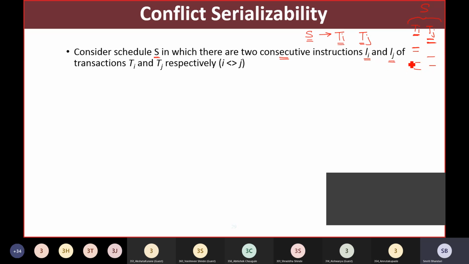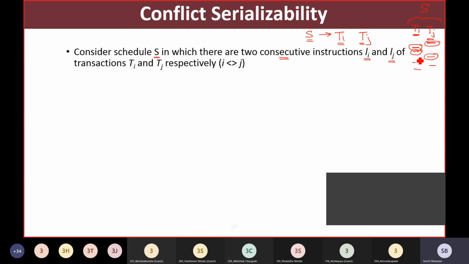Those two instructions are consecutive instructions, and they belong to two different transactions, TI and TJ. What do we mean by that? For example, this instruction and this instruction are two consecutive instructions belonging to two different transactions.